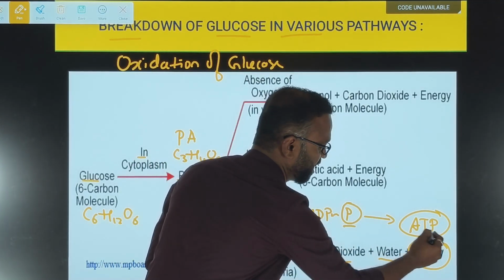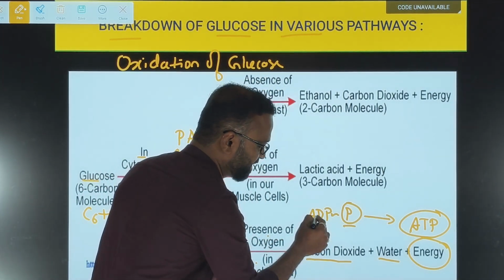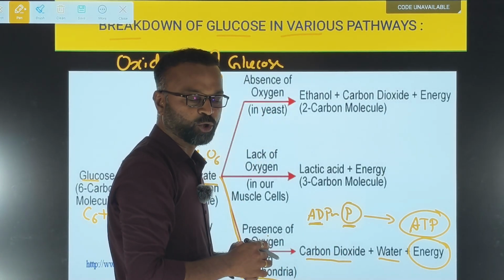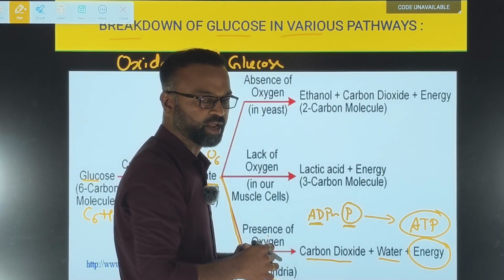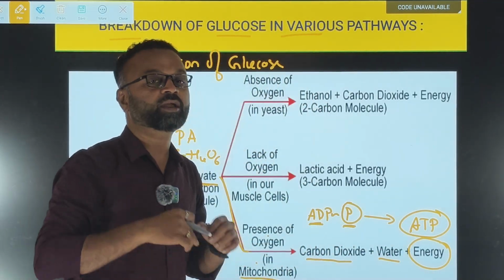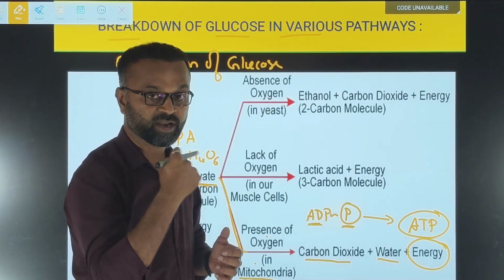Together, they will form the ATP. That means the energy is utilized in the bonding between the diphosphate and phosphate inside the mitochondria, and it will be stored in the form of ATP. Then when we spend the energy, how do we spend? If I am doing like this, that means I am spending the energy.